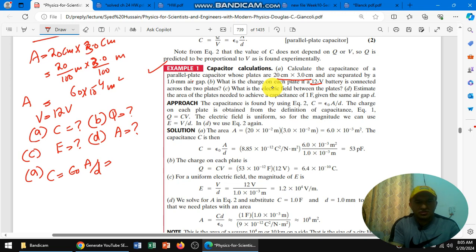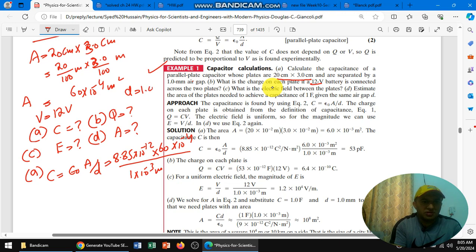Epsilon naught is the constant that has value 8.85 into 10 to the power minus 12, and area is 60 into 10 to the power minus 4 divided by D. Separation between the plates is given as 1 millimeter, so D is 1.0 into 10 to the power minus 3 meter. We solve and get capacitance equal to 53 into 10 to the power minus 12 farad, that gives us 53 picofarad.